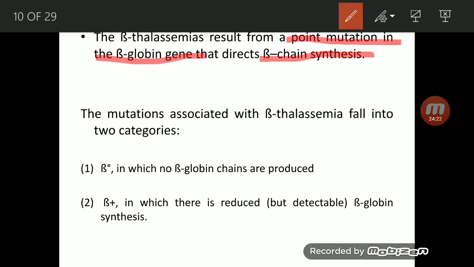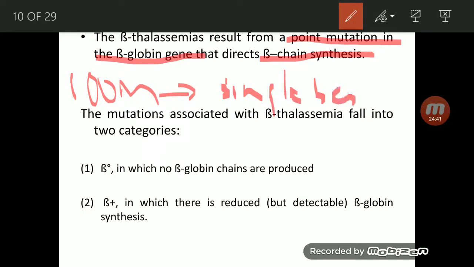Whenever we talk about mutation in case of beta thalassemia, so this point mutation, they are different. Okay, they are more than numerous. It has been seen 100 different types of mutations are there, but majority a single base change is going to occur.